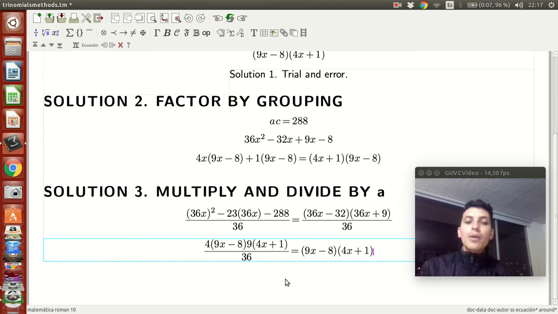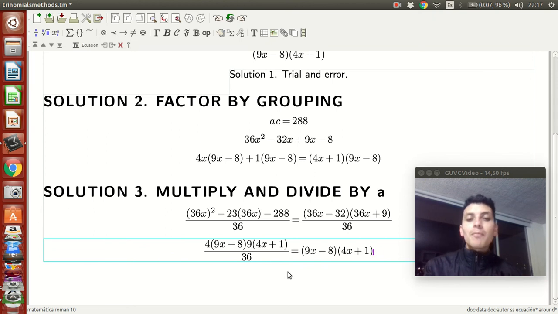This is the way we use the three methods to factor. Choose the method you like, use the method in which you feel comfortable, but it's very important that you follow the instructions of the method. Trial and error is more like playing with numbers.